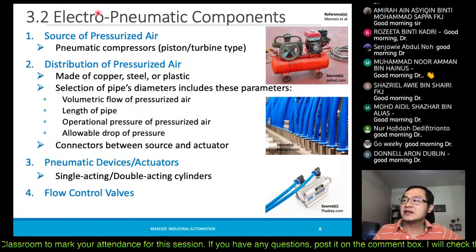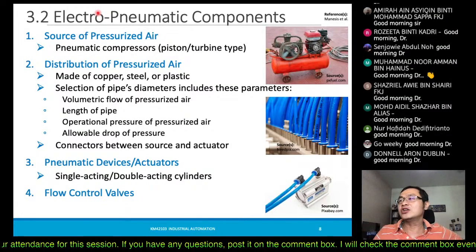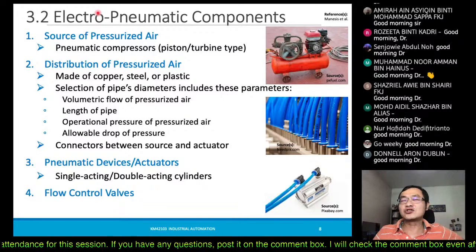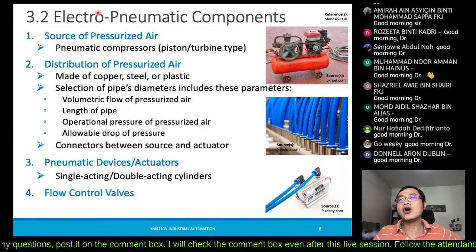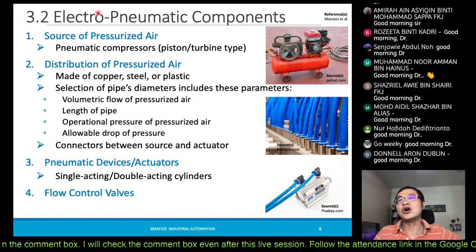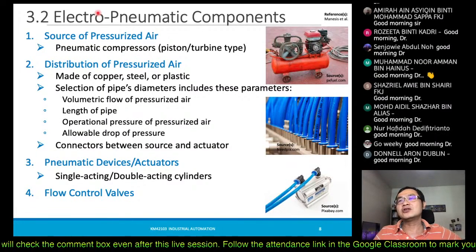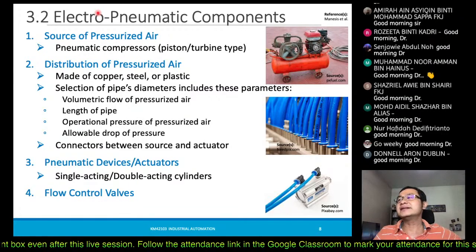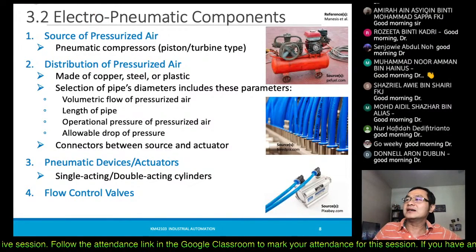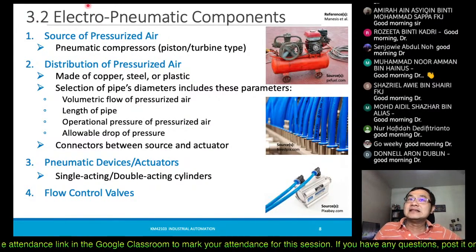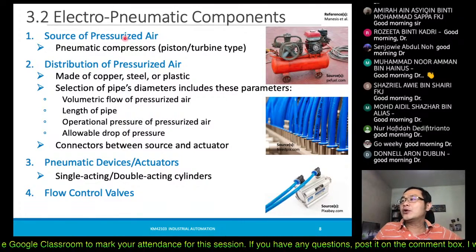Nowadays, electro-pneumatic or electro-hydraulic systems are becoming more common. The only thing is the cost of using the electro is usually greater, due to the usage of the solenoids within the component itself.